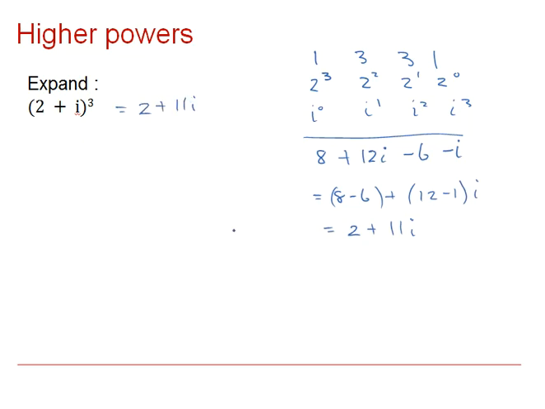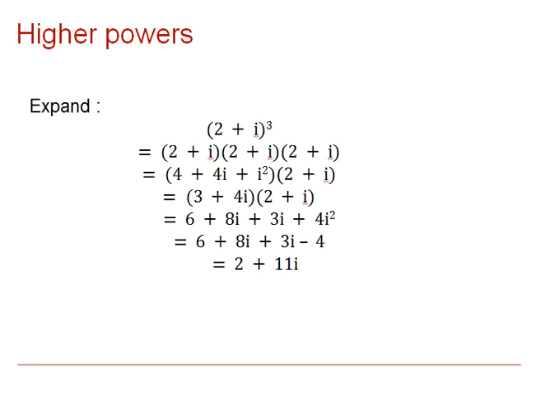If you prefer not to use the binomial expansion, you can of course just multiply out the brackets. So first of all, just work out what (2 + i) squared would be, and then that would be a quadratic, and then multiply by 2 plus i again. This is shown on the slide here.